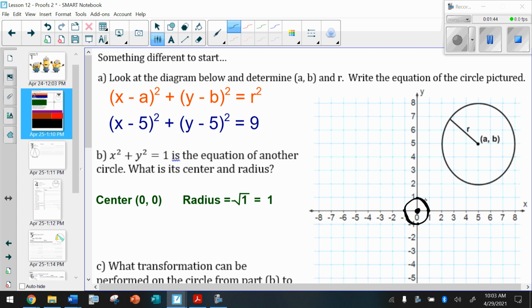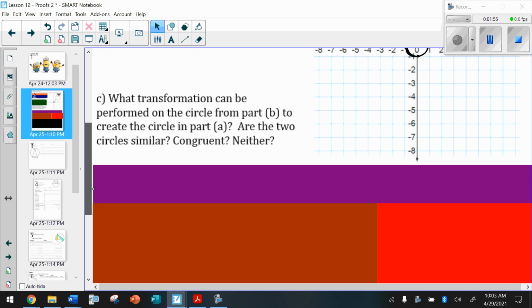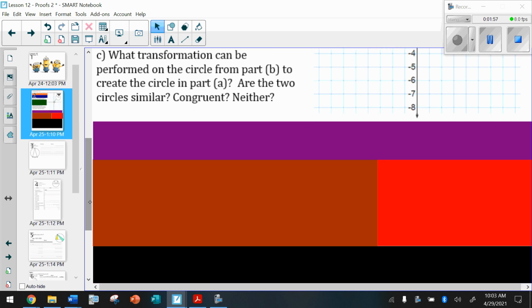What transformations would be performed on that circle to create the original given circle? So what would happen? How would it move? Which direction? And how would we change the equation?